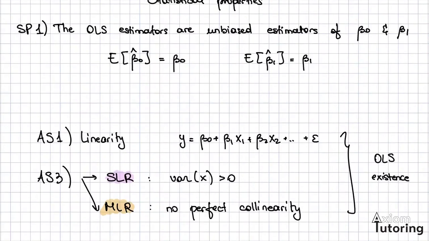And in this particular case, we talked about assumption 1, linearity, and assumption 3, which was the variance of x being bigger than 0, or in the case of the multiple regression, no perfect collinearity, as the two most basic assumptions that gave us the existence of the OLS, which meant that I know I can do the maths now, but whether these are reliable or not, that's not the case because I still need a few more assumptions so that I can say that my first statistical property has been fulfilled.